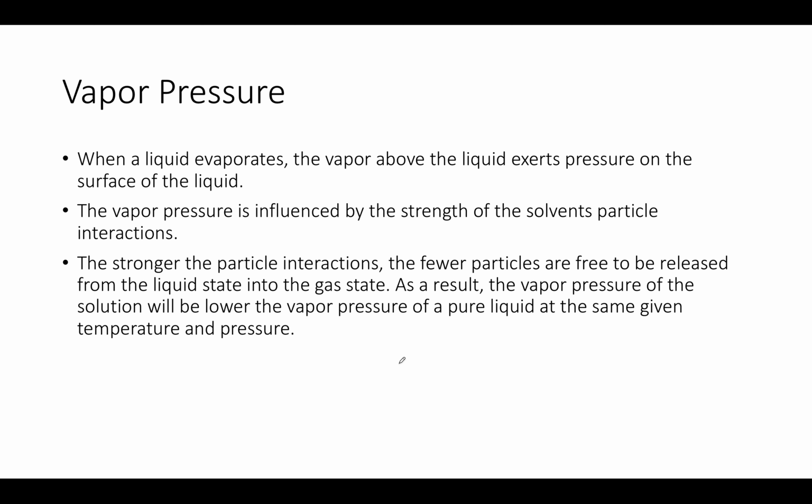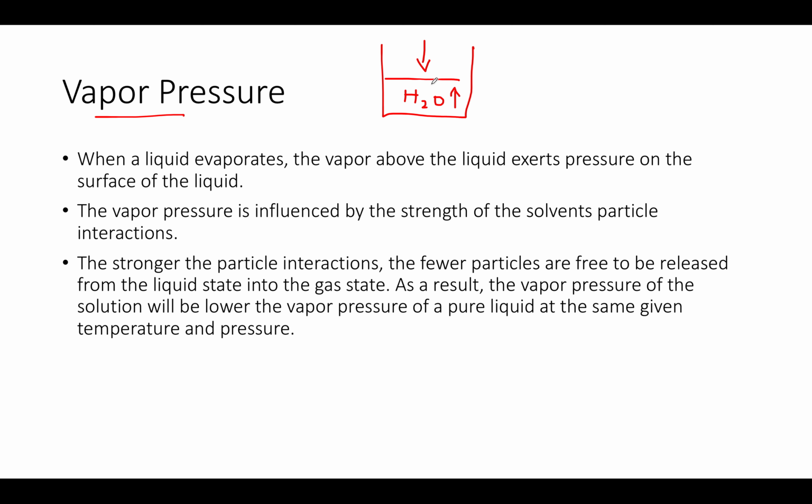Okay, so the more interesting one, and the one that you get a lot more conceptual questions about, is vapor pressure. Now, what is vapor pressure? Vapor pressure is when a liquid evaporates. So let's say I have some water in here. When a liquid evaporates, there's pressure that is exerted on the liquid from the top, and there's pressure that's exerted on the meniscus, or the top of the liquid, by the solution.